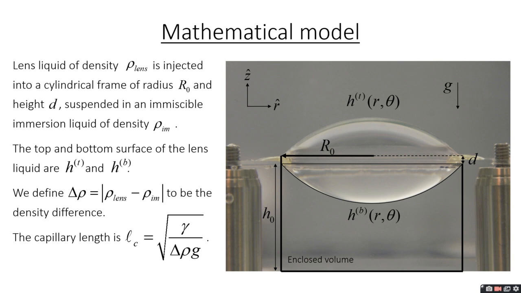You can imagine that the bounding frame is sitting on top of a transparent cylinder marked in the image by black lines. When the liquid lens is formed, it encloses the immersion liquid inside this cylinder, separating it from the outer volume. Adding or removing immersion liquid from this enclosed volume allows us to inflate or deflate the liquid lens, as we will see later on. We are interested in finding the shape of the top and bottom interfaces, h-top and h-bottom.